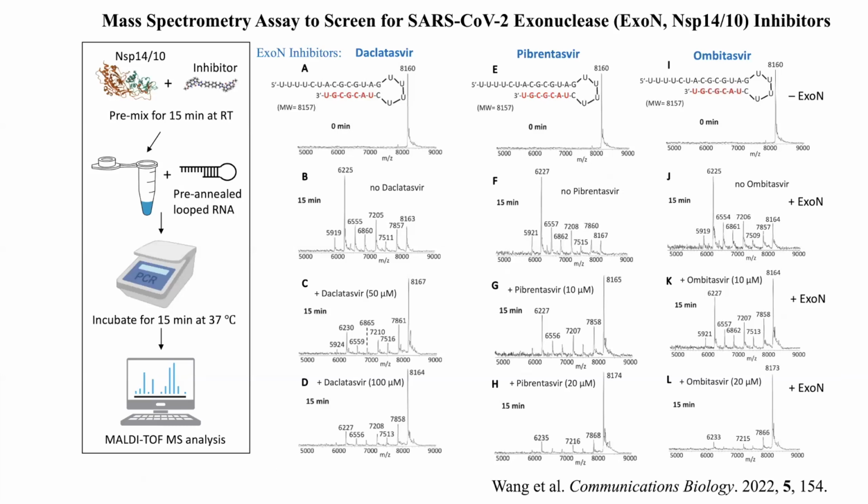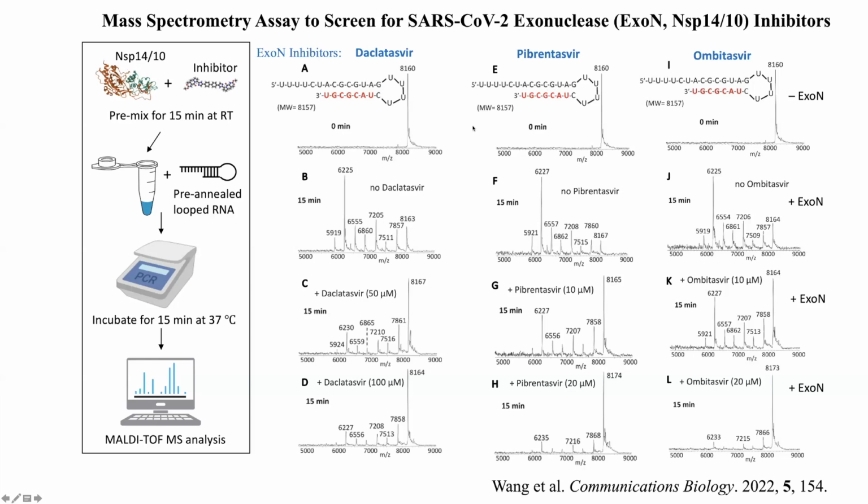Again, here is an overview of the exonuclease assay. We can use this kind of screen to identify nucleotide analogs that, once incorporated into RNA, resist exonuclease or not, and we can also use this assay to evaluate the potency of exonuclease inhibitors.